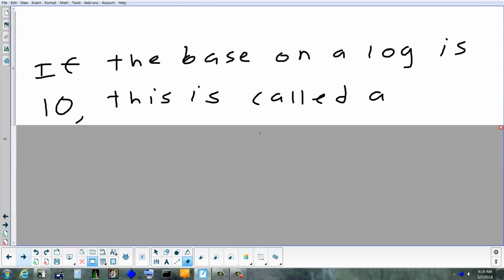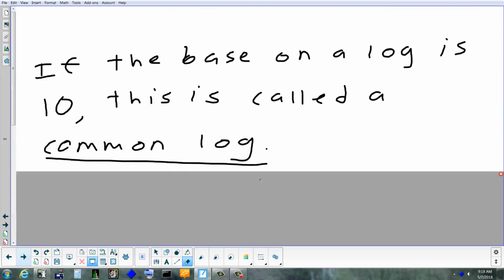All right, so I said to you that there's two special logs, or two logs that have special names. Base e is one of them. The other one is base 10. Since base 10 is used a lot, it's the most often used base when you're dealing with logs, they call that the common log.